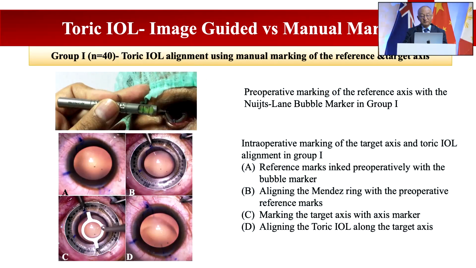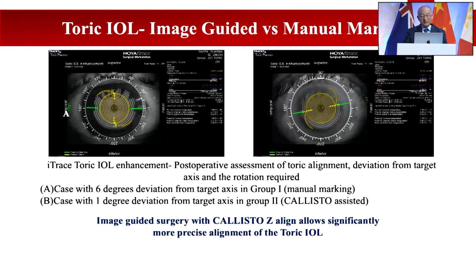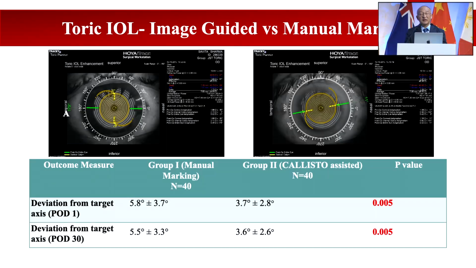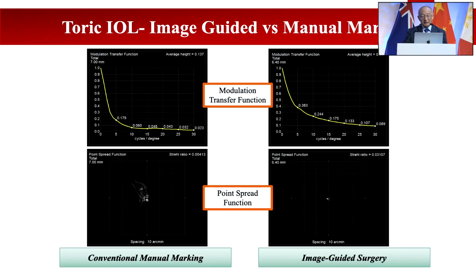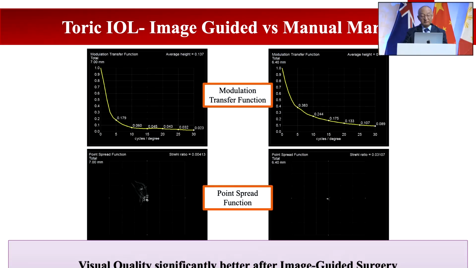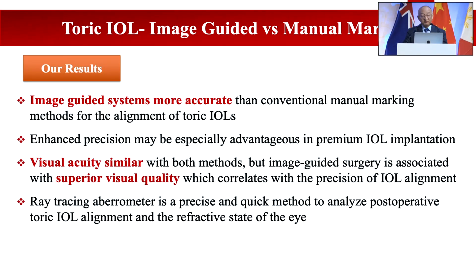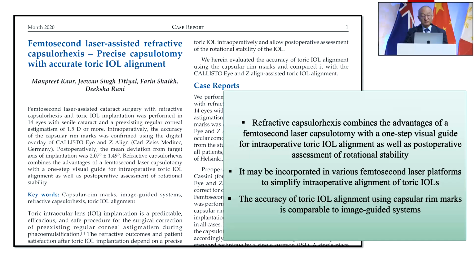So this comparative study where we looked into a bubble marking technique, manual, and image guided by the Callisto system, we realized if you do an image guided system, it gives you much closer to the desired axis, and it is significantly better than the manual way, and your visual quality outcomes are also better with these devices also. So there is a definite improvement in the quality of vision, though the final acuity may be similar sometimes, but if you look into contrast, the MTF is better with the image guided systems.